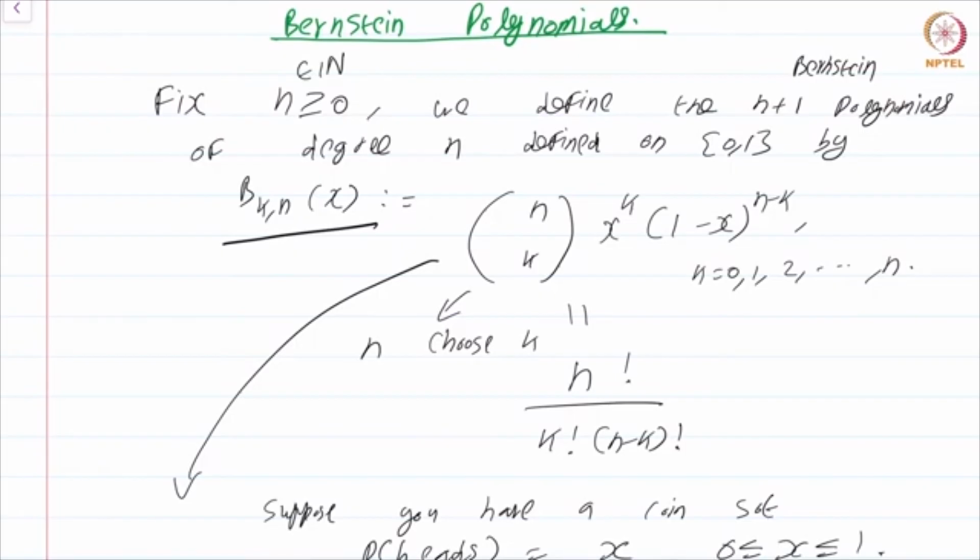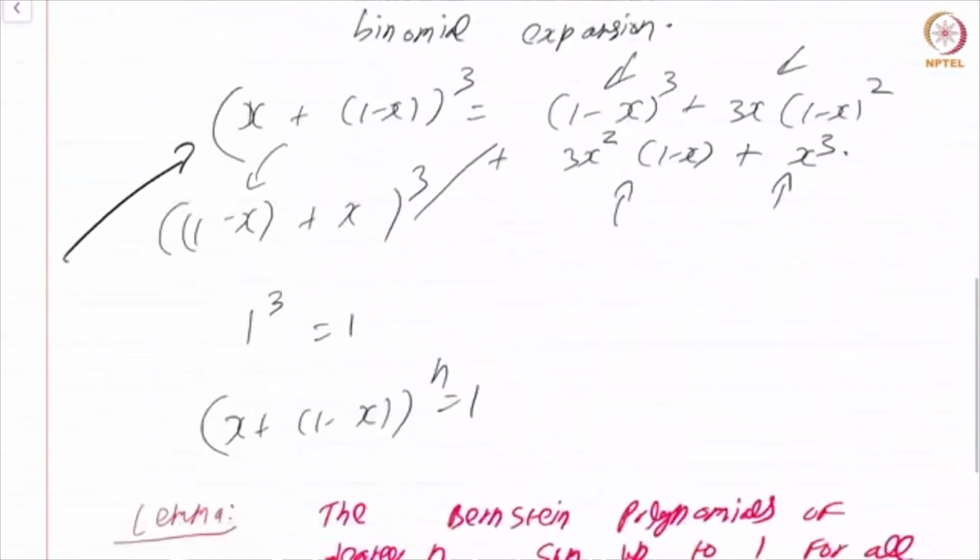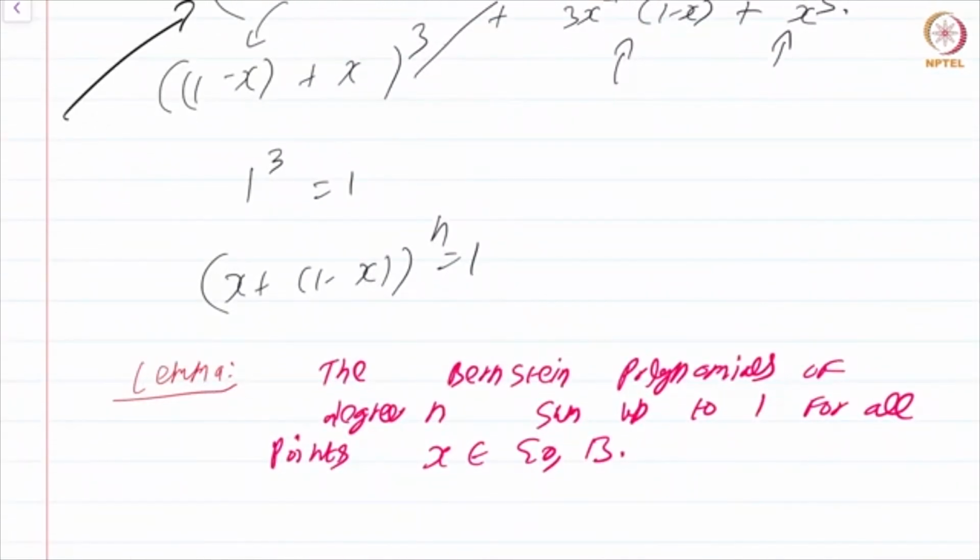One of them is guaranteed to happen. This is just the sum of the probabilities of getting either 0 heads or 1 head or 2 heads and so on, so it should obviously sum up to 1. So the probabilistic interpretation also gives you another way to prove this lemma that the Bernstein polynomials of degree n sum up to 1 for all points x in [0, 1].